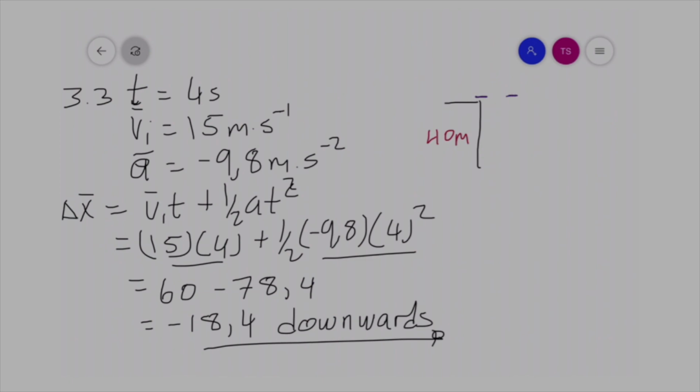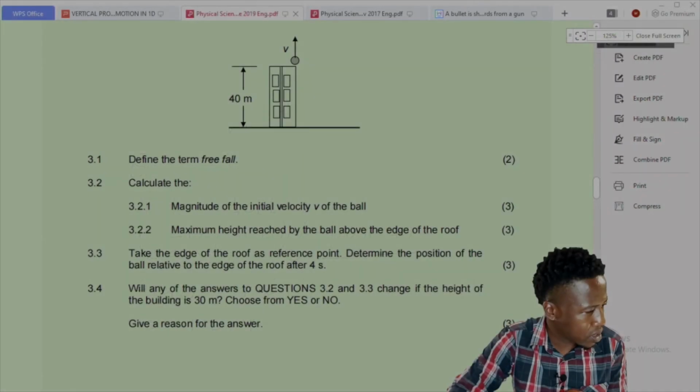We just calculated this height here, as it goes up and then it's gonna come down. Now this height here we just learned is 18.4. Let's move to the last part of this session.